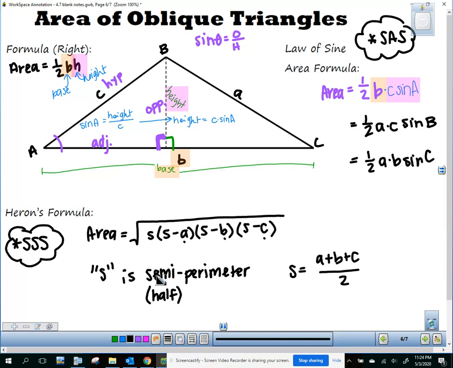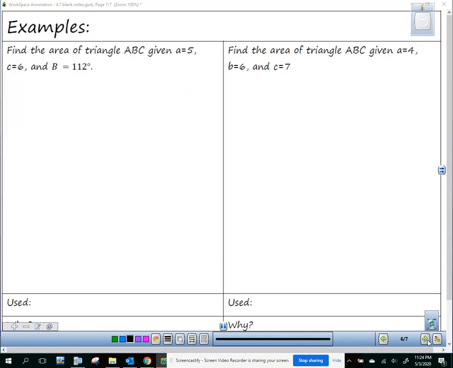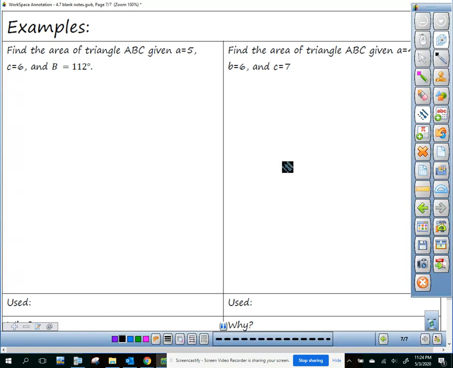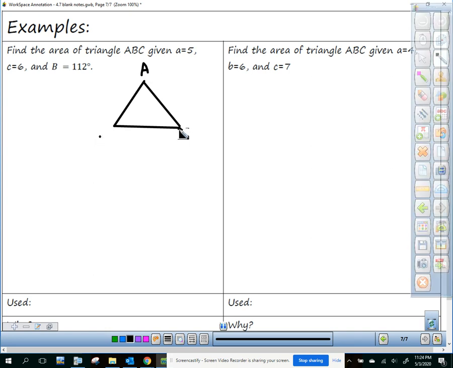Let's do an example using Heron's formula and using law of sines area formula. So in this first example, it says find the area of triangle ABC. I'm going to sketch a triangle first. Start up here.